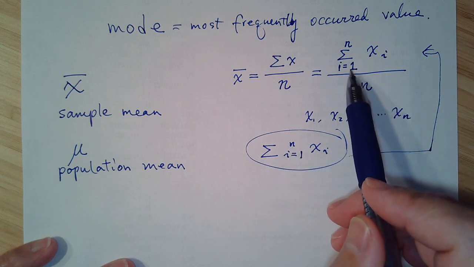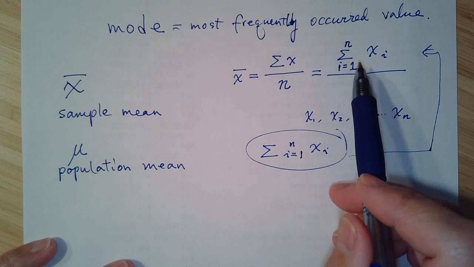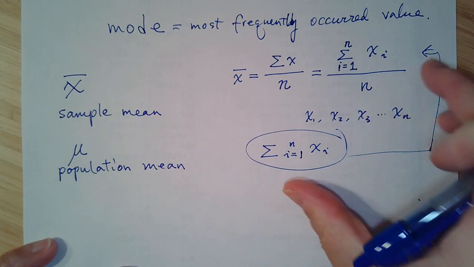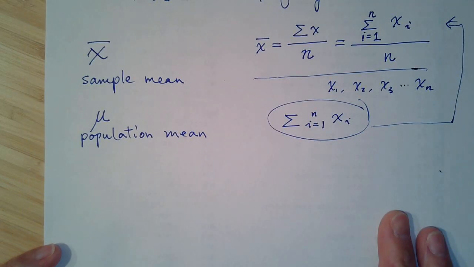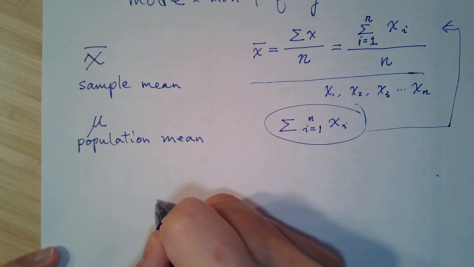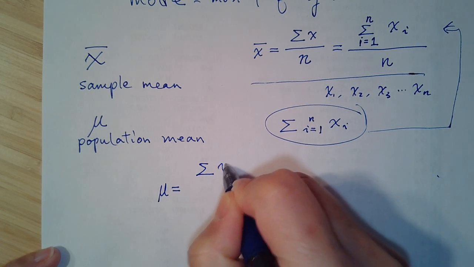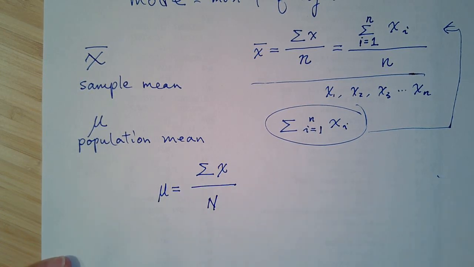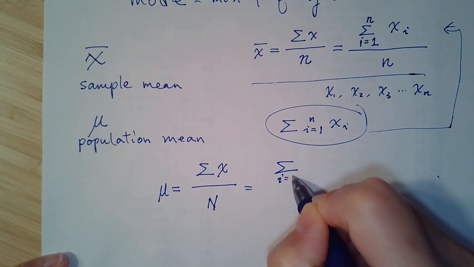This is the better way, a very mathematical way to show the summation notation: sigma, i from 1 to n, of Xi. That's the sum of all the Xi. So this is the formula for the sample mean. For the population mean, it looks like this: mu equals the summation of X over the population size, capital N, or the sum from i equals 1 to capital N of Xi.